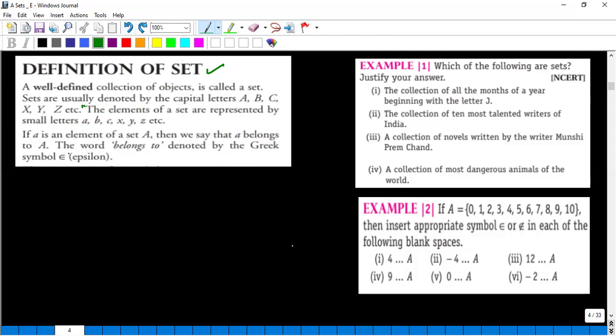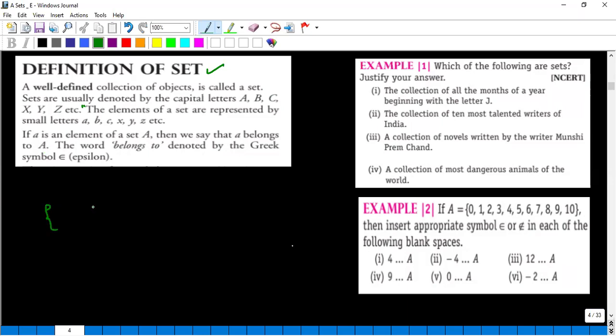Suppose there is an example like days in a week: Monday, Tuesday, Wednesday, Thursday, Friday, Saturday, Sunday. Total 7 days will be there.